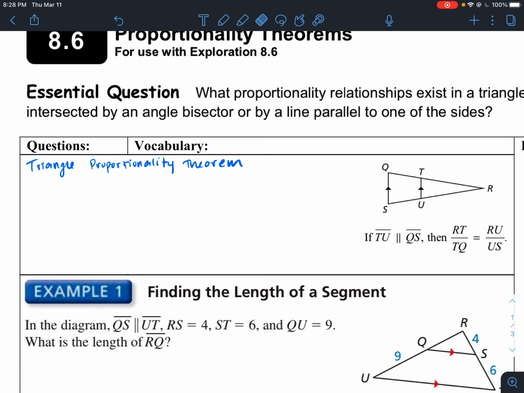Now, whenever this is the case, if we have two parallel lines and a triangle, then segments actually become proportional if the lines are parallel.